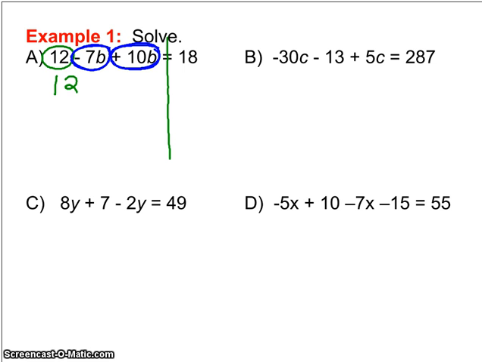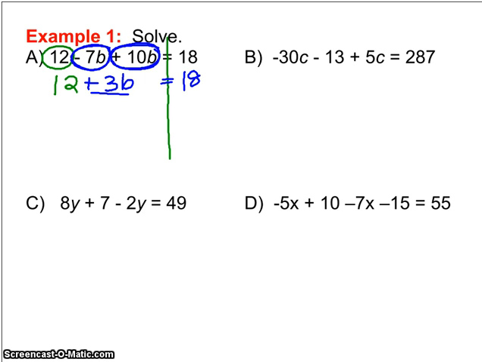If I have 7 negative b's and 10 positive b's, they combine for a positive 3b, and then equals 18. So step number 1 here, go ahead and combine your like terms. After you're done combining, Panthers, please, I want you to rewrite your two-step equation. And then from this point, you just go ahead and solve.